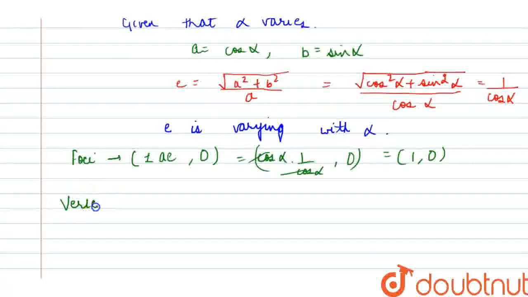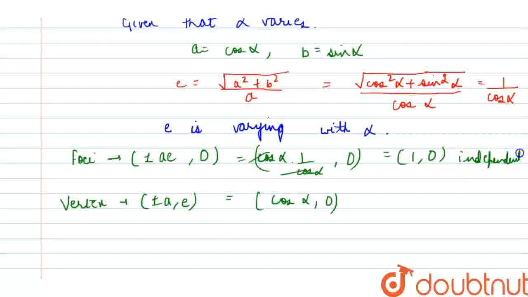We know that vertex of hyperbola is plus minus a comma 0. It means that the vertex is cos alpha comma 0. So foci is independent of alpha. Vertex is cos alpha comma 0, so it means that it is dependent on alpha. Eccentricity is also varying with alpha.